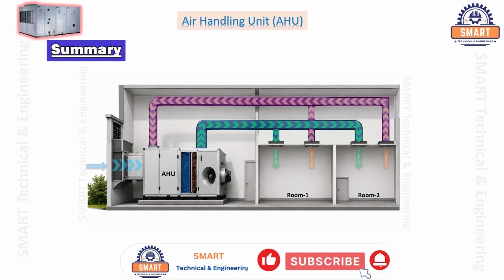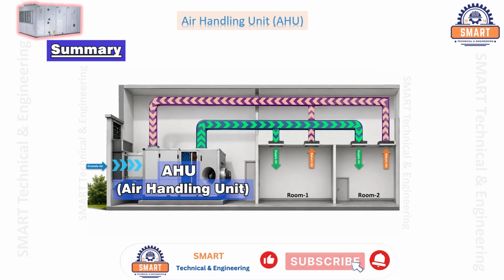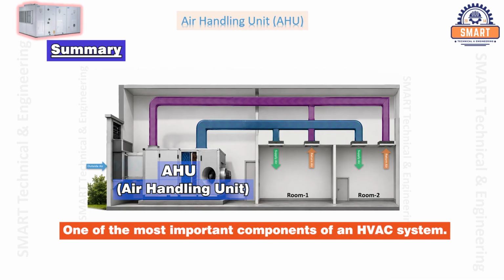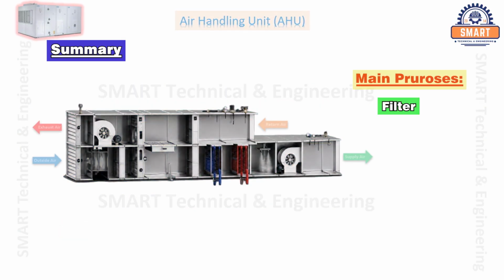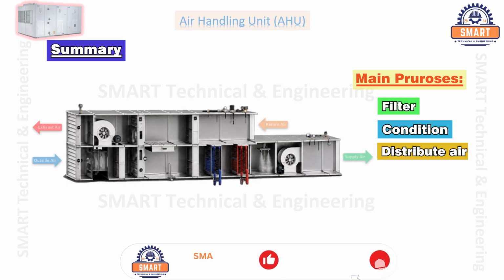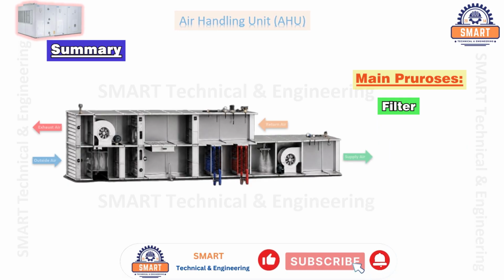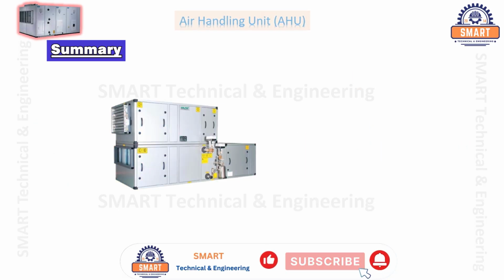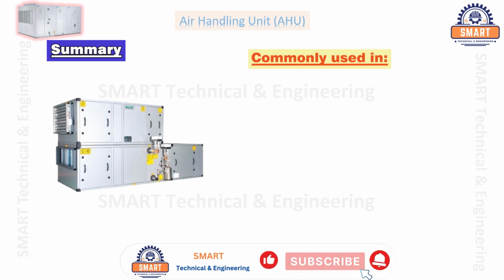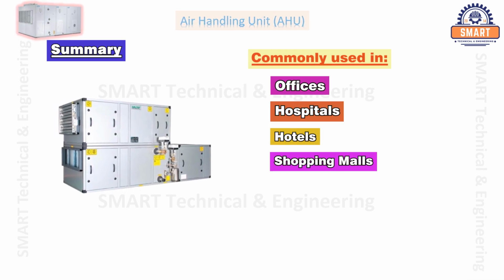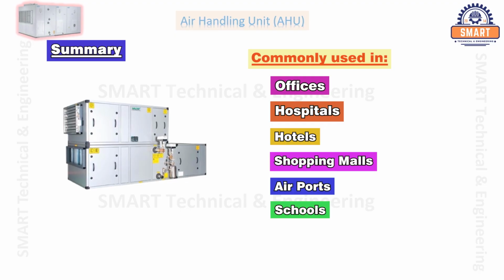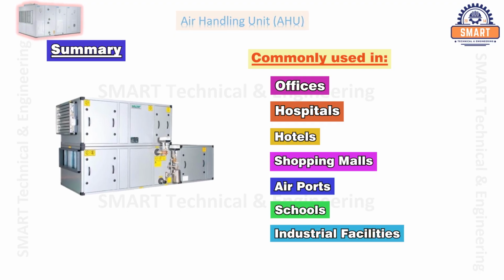Let's quickly summarize today's lesson. An AHU, or air handling unit, is one of the most important components of an HVAC system. Its main purpose is to filter, condition, and distribute air throughout a building. AHUs are commonly used in offices, hospitals, hotels, shopping malls, airports, schools, and industrial facilities.